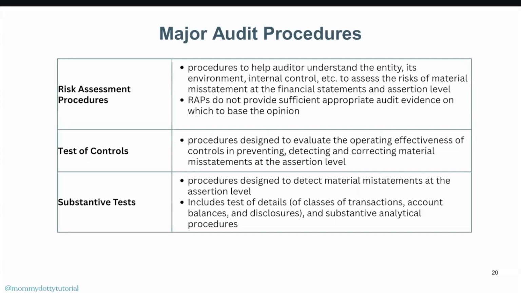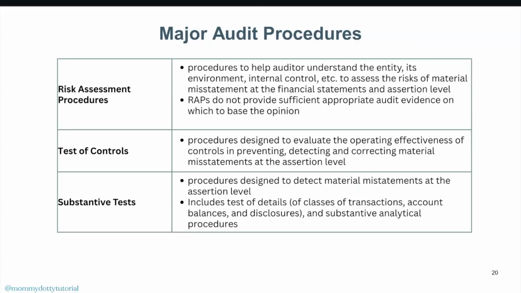Let's look at the major audit procedures. Okay, so we have three: the risk assessment, test of controls, and substantive test. Risk assessment procedures are procedures which will enable the auditor to obtain understanding of the entity and its environment, including its internal control, to assess the risk of material misstatement at the financial statement and assertion levels.